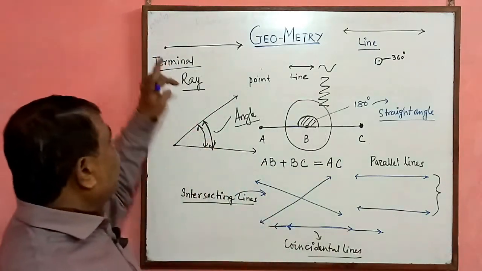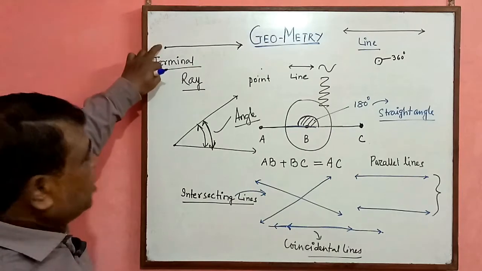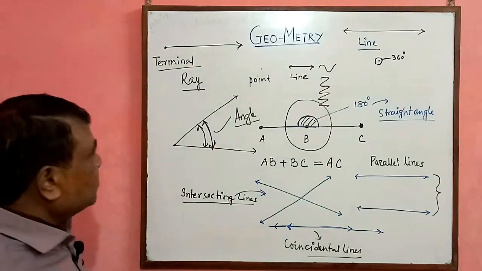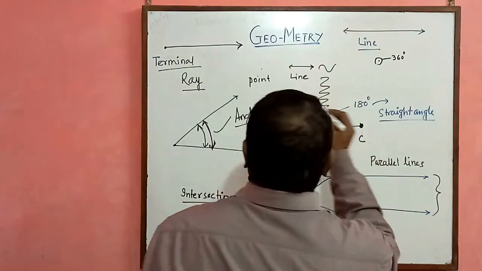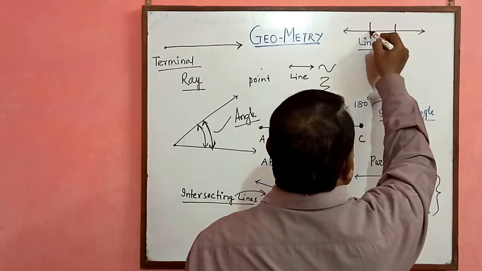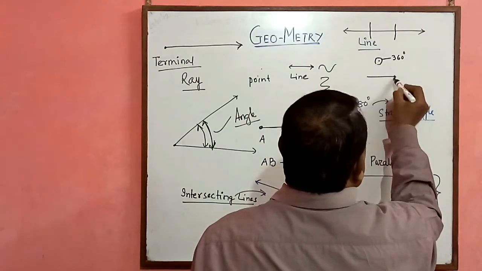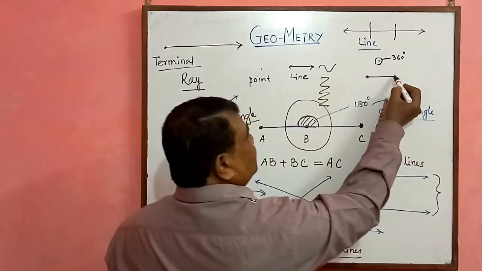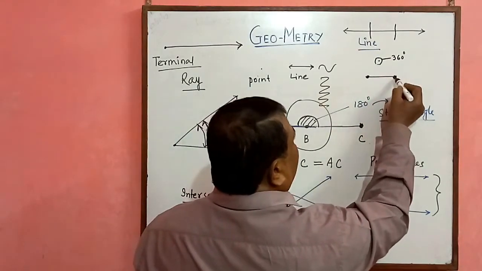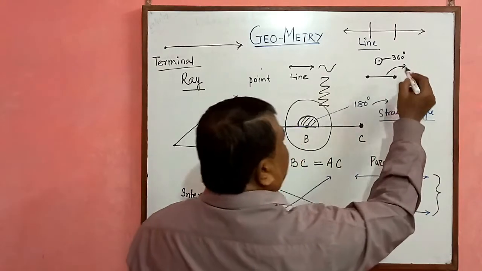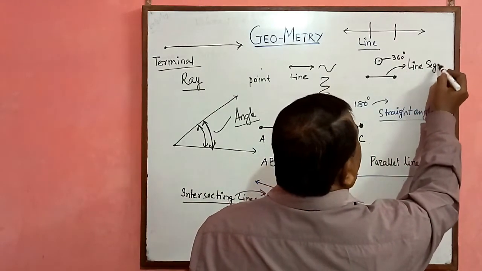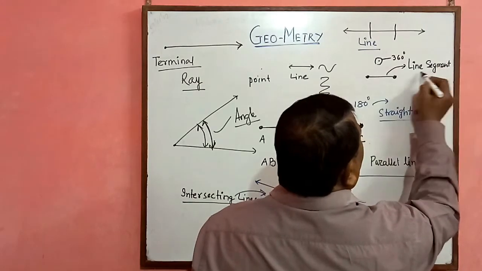A ray has one terminal, that means it has an origin. From an origin it is progressing further. If I take a section of a line, if I cut this one, definitely this will have two terminals. So with two terminals, it is a line segment. This way we have three parts of a line.